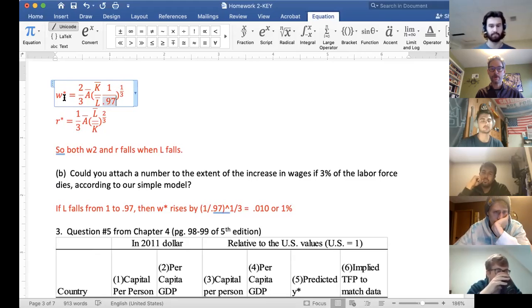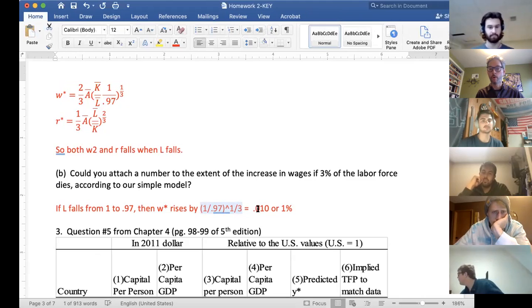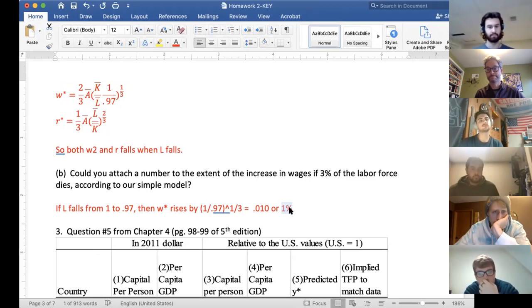So how has wages changed? It's changed by 1 divided by 0.97 to the 1/3 power, or 0.01, or about 1%. So in other words, wages should go up by about 1% if the population goes down by 3%.